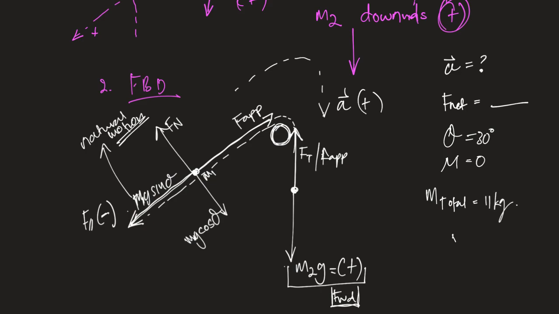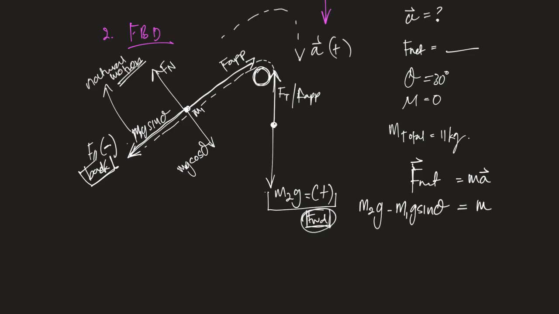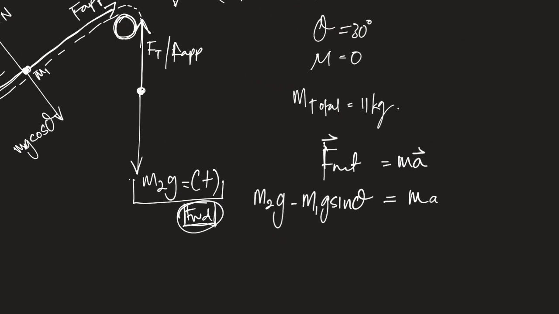Right, and the formula that we're using here is then F net is equal to MA. Now F net, I can see that there's a forward force here and there's a back force over here, which means I need to sort out F net. So I'm going to say F net is equal to M2G minus M1G sine theta, which is equal to mass times acceleration.